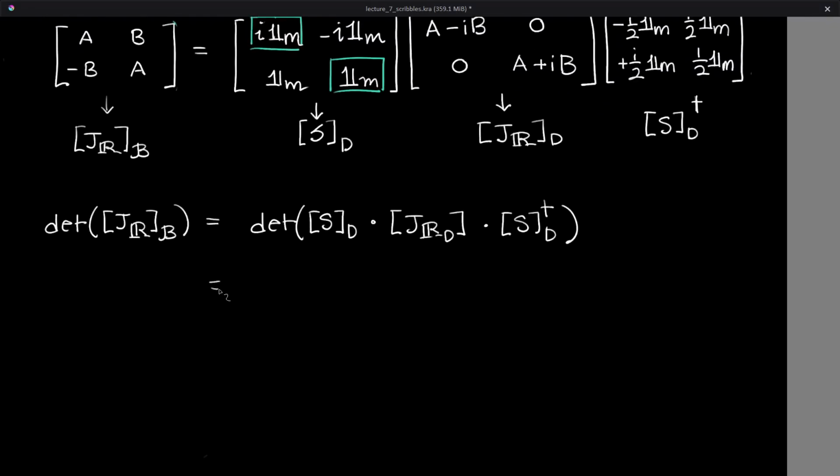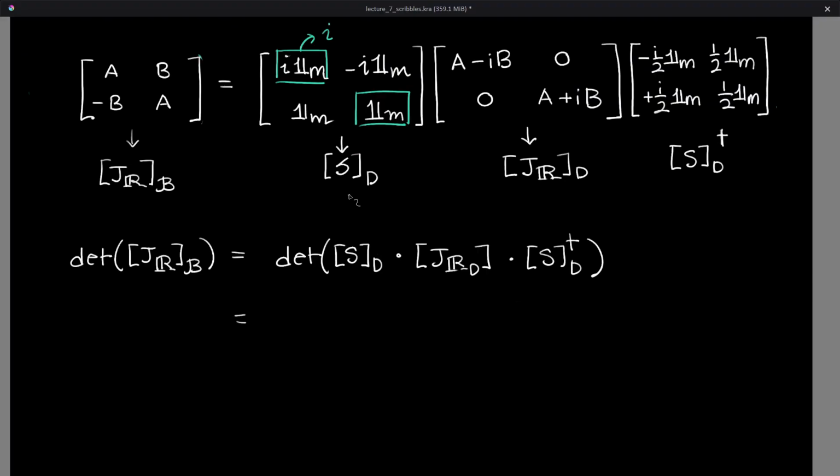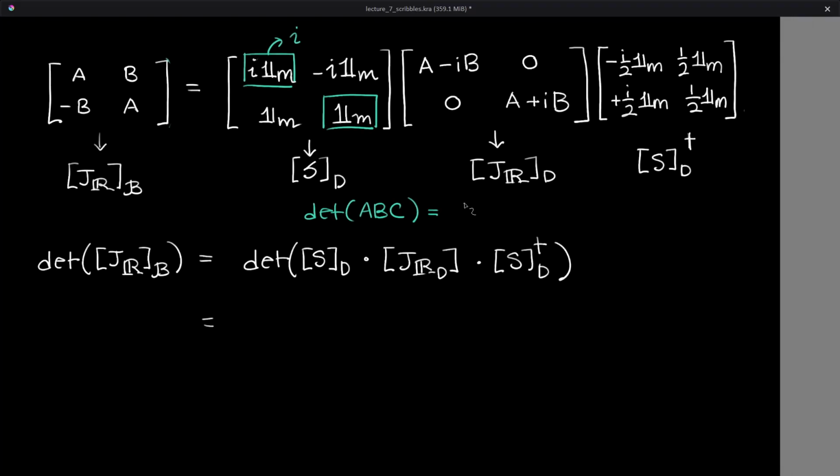And so we know that the determinant of ABC, where A, B, C are 3 matrices, is equal to determinant of A times determinant of B times determinant of C.